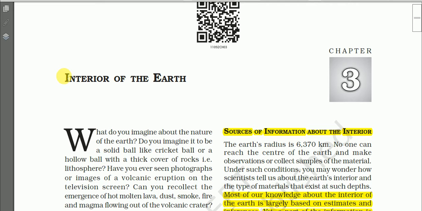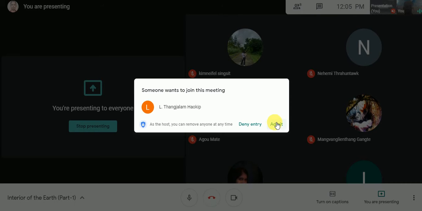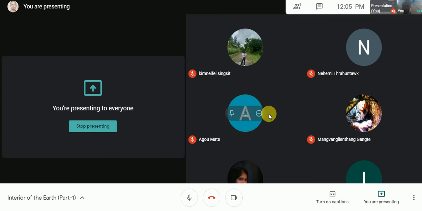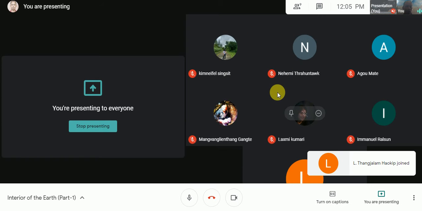So this is the chapter Interior of the Earth, Chapter 3 of your NCERT textbook, Fundamentals of Physical Geography.